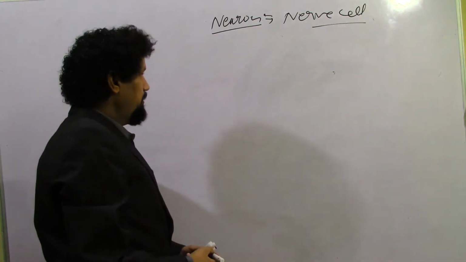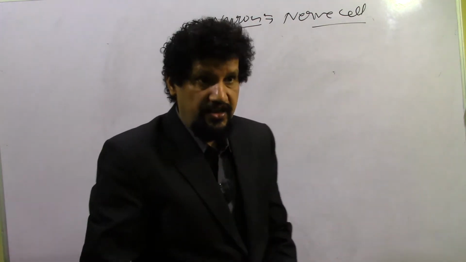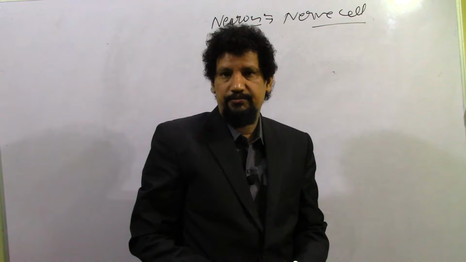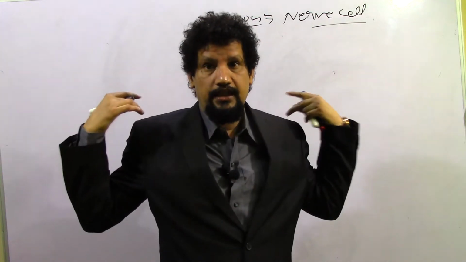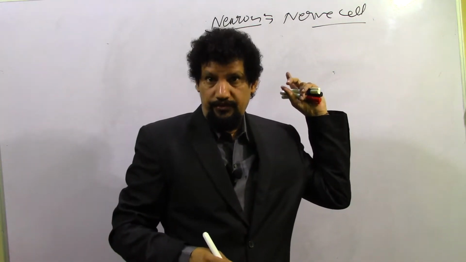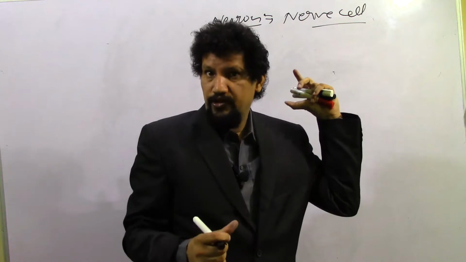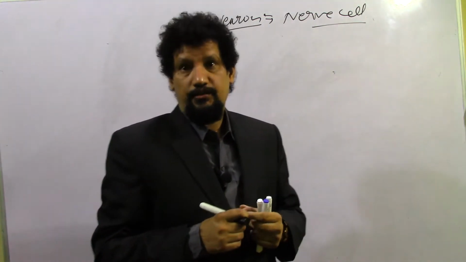The neuron or nervous cell is the basic functional, structural and electrical unit of the nervous system, that is, the central nervous system as well as the peripheral nervous system. So the neuron is the functional, morphological and electrical unit of the nervous system.